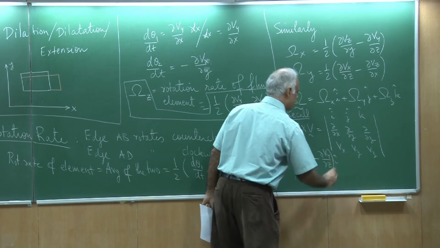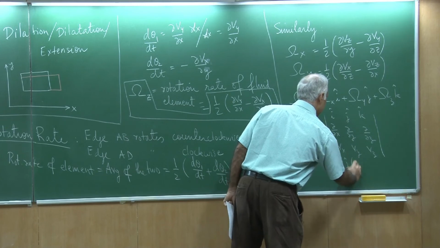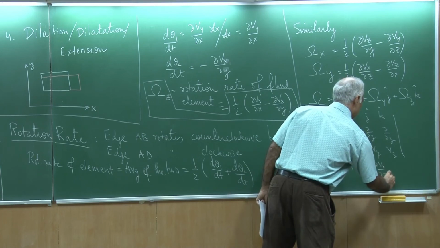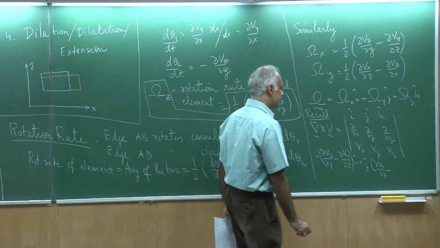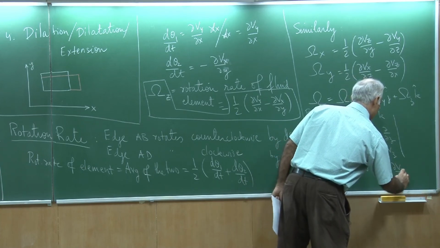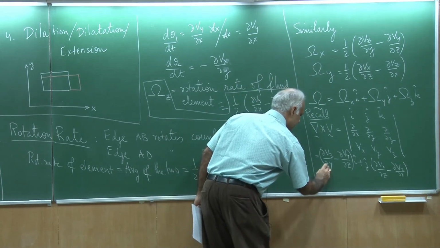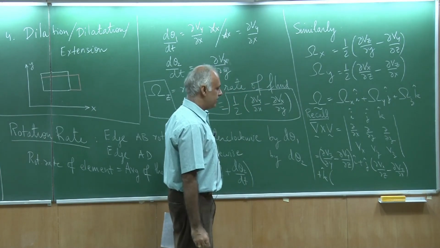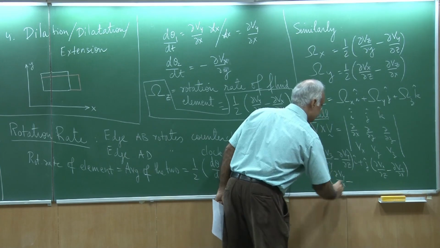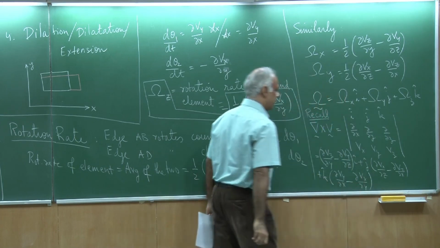So, that is the ith component, and then I get the jth component, which is going to be del Vx by del z minus del Vz by del x, and let me also try to squeeze in here the kth component, which is going to be simply del Vy by del x minus del Vx by del y.